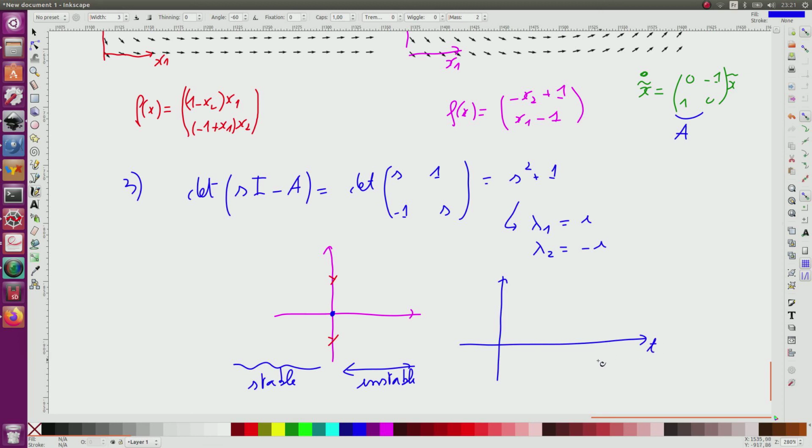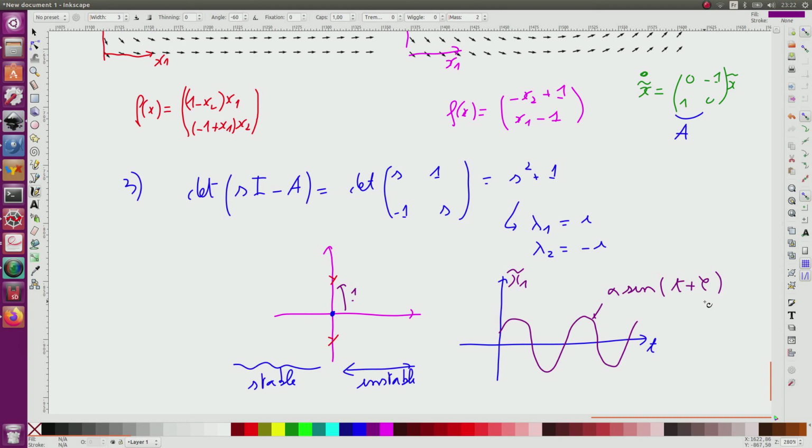So if I integrate the linear system, I will obtain a function like this. It corresponds here to x1 tilde or x2 tilde, and here it will have the form alpha multiplied by sine of omega t, because here it's 1, the distance. So here omega equals 1 times t plus a shift in the phase.